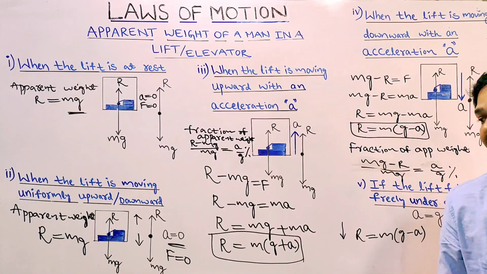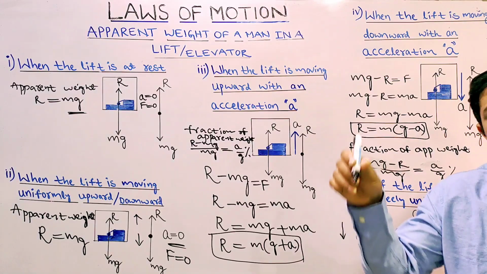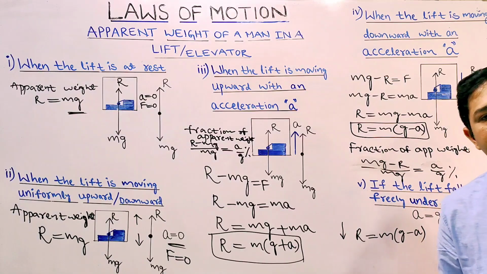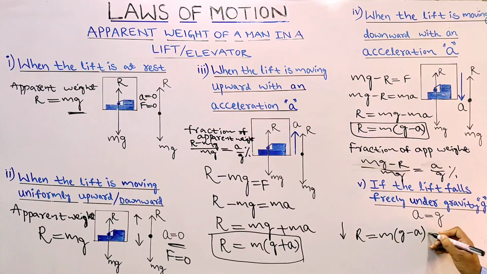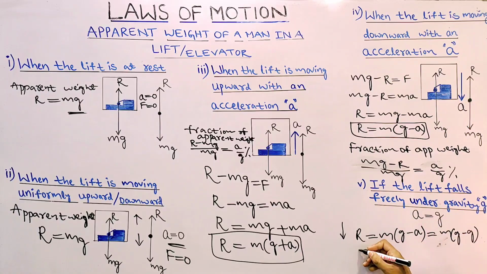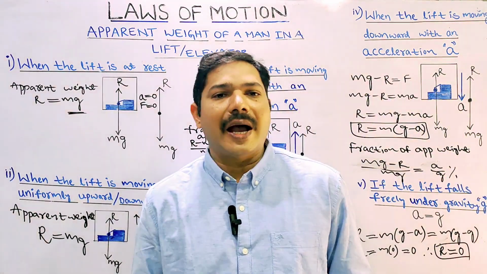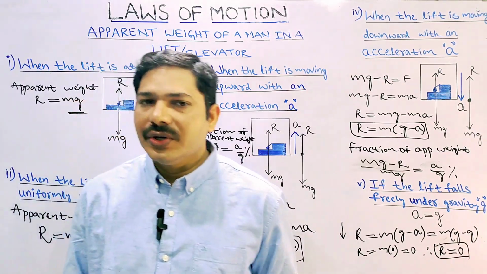For a freely falling body, a equals g. Substituting, R equals m into g minus g. g minus g is 0, and m into 0 is 0. Therefore the apparent weight is 0. It does not show any apparent weight.